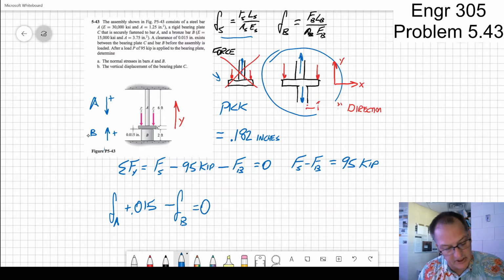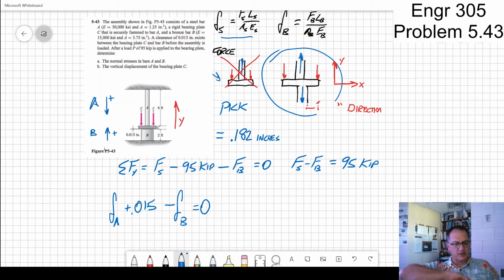Since those have opposite signs in terms of what a positive deflection is, the deflection in A plus 15 thousandths minus the deflection in B is equal to 0. So if the deflection in A is 0, I add 15 thousandths, and that's the deflection in B is a minus 15 thousandths in order for them to close the gap. That doesn't happen. If the deflection in A is 15 thousandths, that would be down plus 15 thousandths. Then the deflection of, nope, it's not right. That's why I'm struggling with this one.